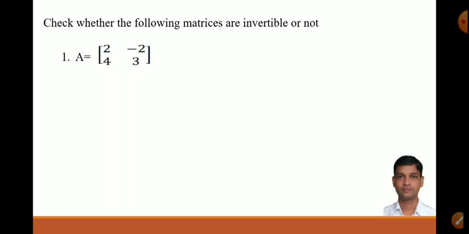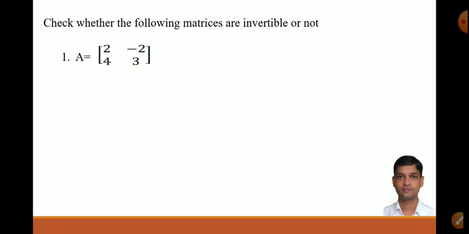So what is the test to check invertibility? We have seen two definitions, singular matrix and non-singular matrix. Those matrices that are non-singular are invertible. Those whose determinant is 0 are singular, and their inverse cannot be found.